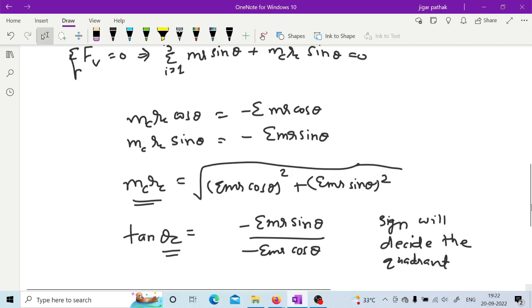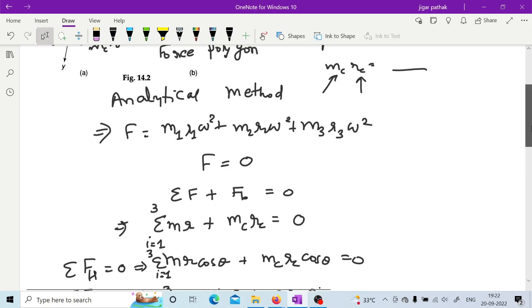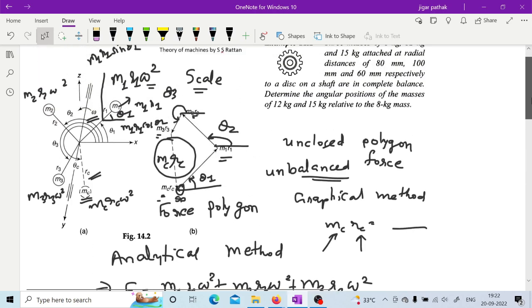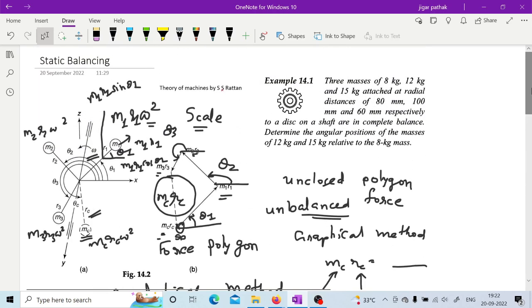Now, after having this idea about the balancing of rotating masses in the same plane, this is the simple problem given: three masses of 8 kg, 12 kg and 15 kg attached at radial distances of 80 mm, 100 mm and 60 mm respectively to a disc on a shaft are in complete balance.